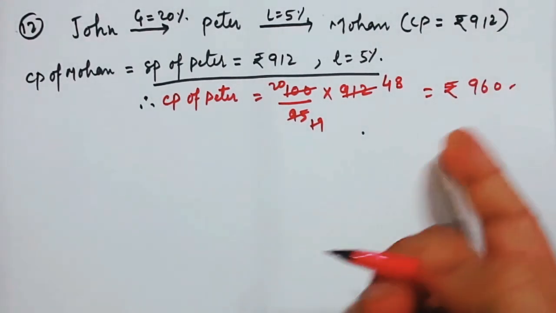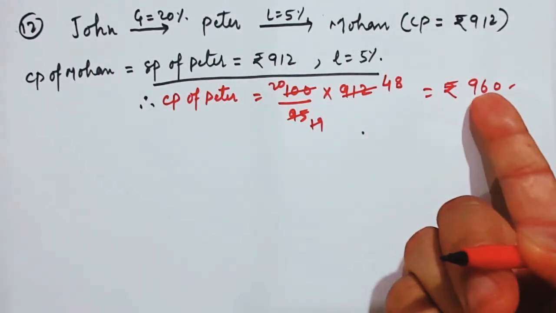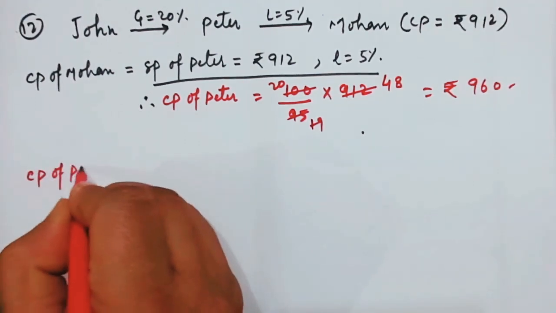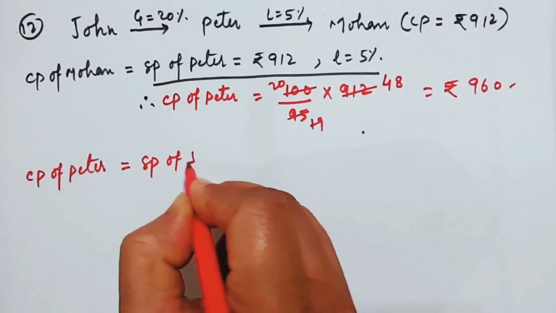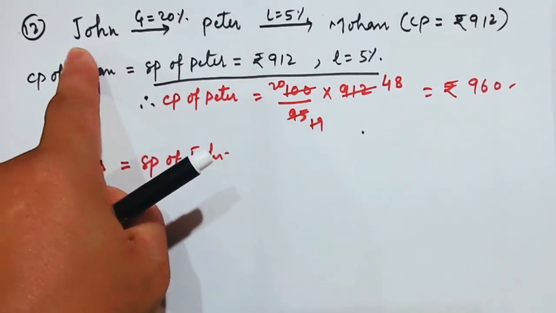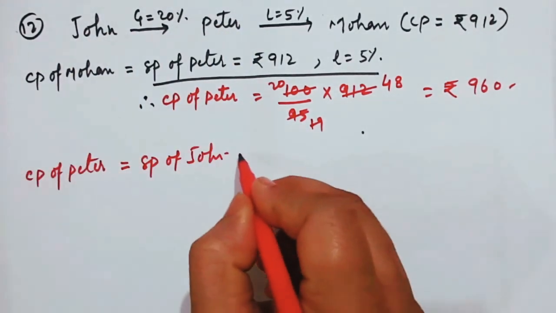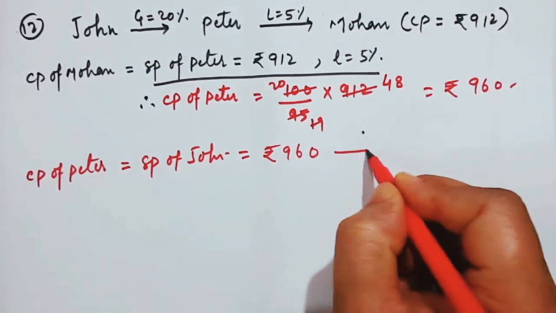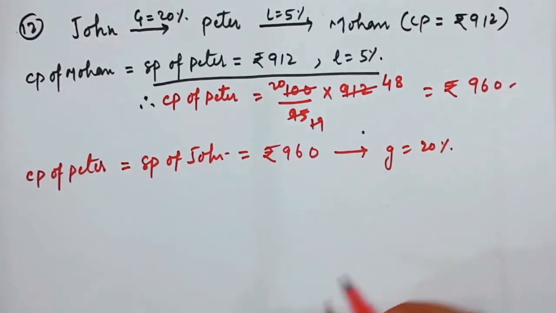Very good. What is this 960? It is the cost price of Peter. Cost price of Peter will be equal to the selling price of John, because Peter buys from John. So selling price of John is equal to rupees 960. He earns a gain of 20%.